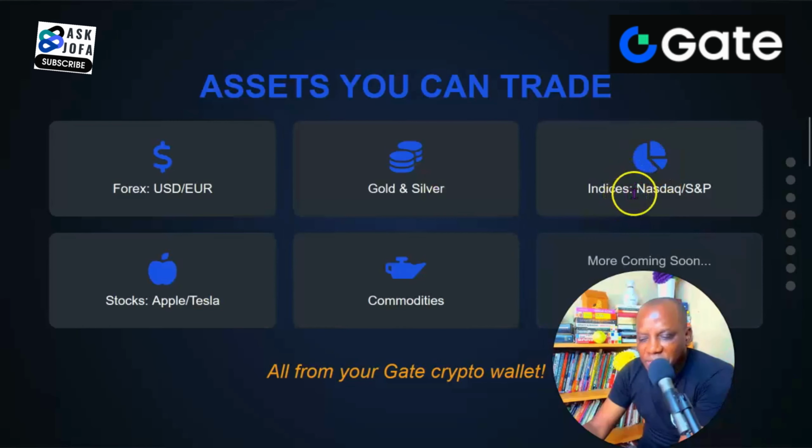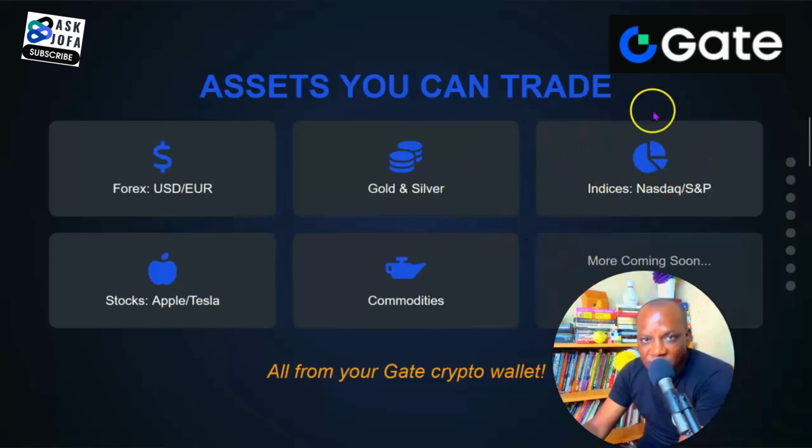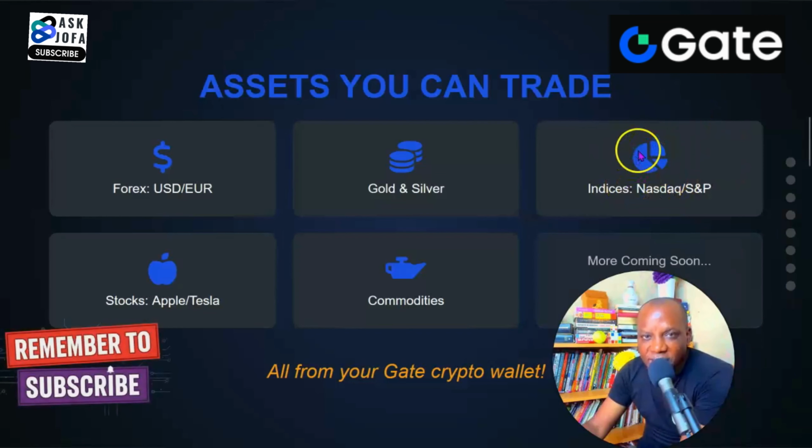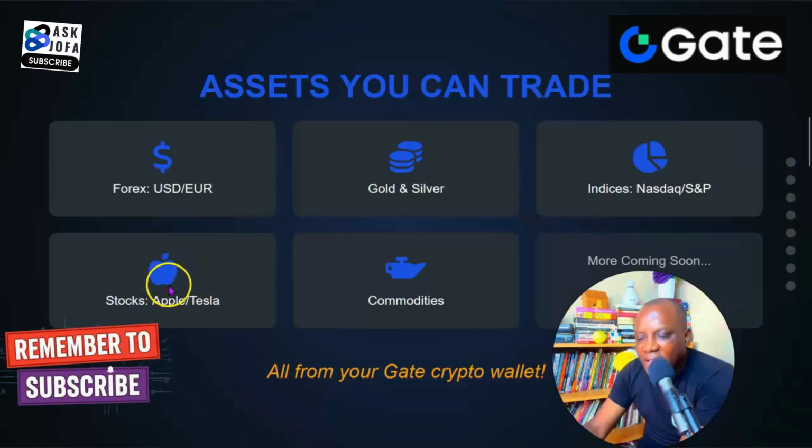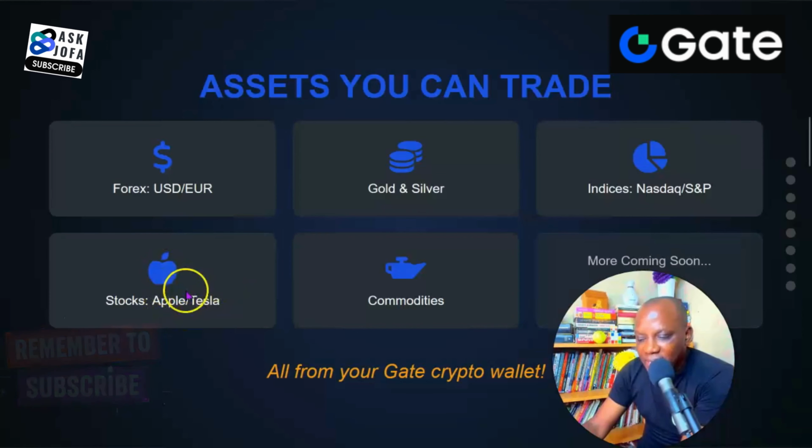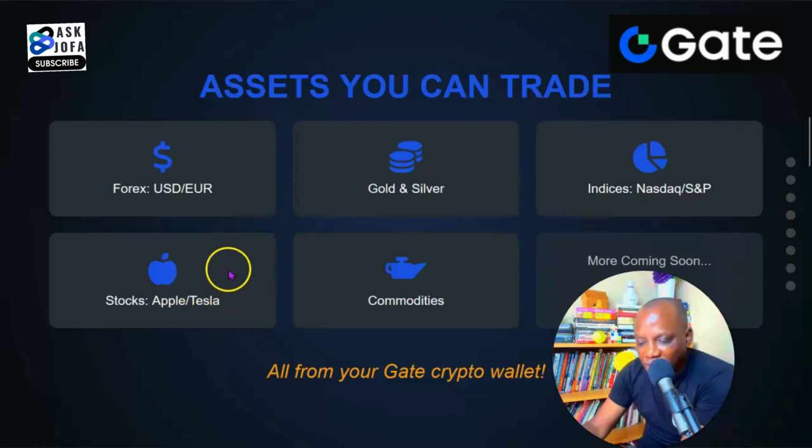You can also trade stock indices, like Nasdaq 100 and S&P 500. You can bet on the whole of US stocks with this, without picking individual US stocks. And other assets are individual stocks like Apple, Tesla, Nvidia, Microsoft. You can trade these directly with your Gate Exchange app using your USDT stablecoin.